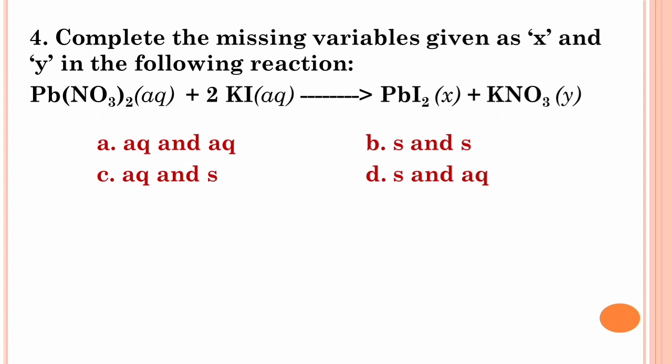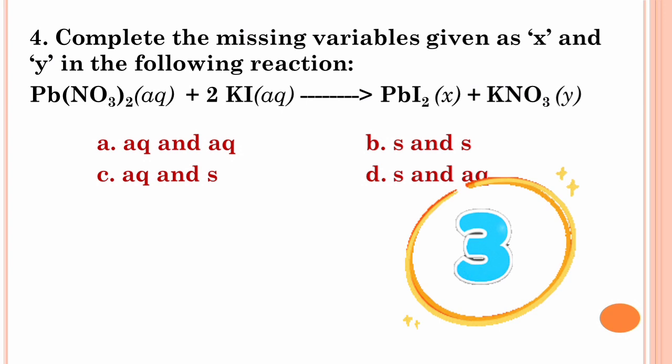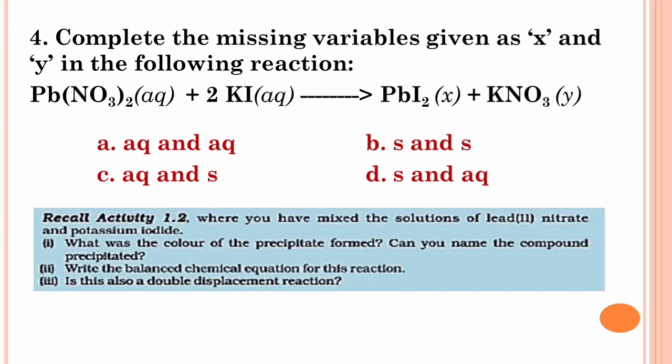Question number 4. Complete the missing variables given as X and Y in the following reaction. Pb(NO3)2 plus 2KI gives PbI2 (X) plus KNO3 (Y). Recall activity 1.2. We had mixed lead nitrate and potassium iodide. What was the color obtained? We got a yellow precipitate.